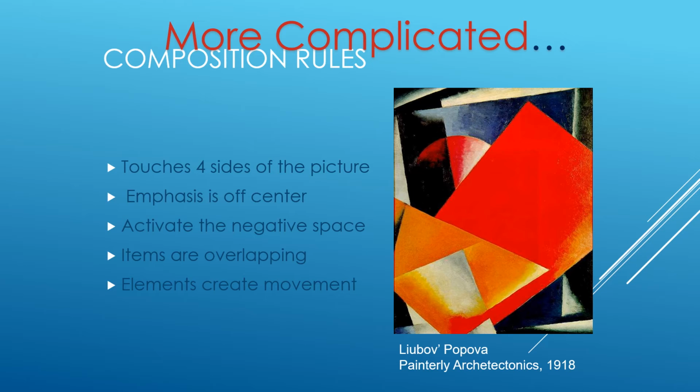How will you create interest in the background, which is the negative space? You also need items which are overlapping, and elements that are creating movement and variety across the space.